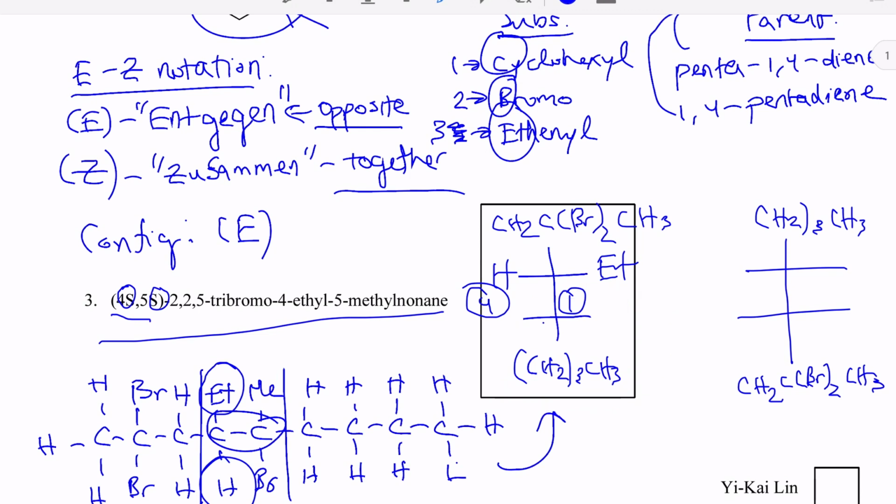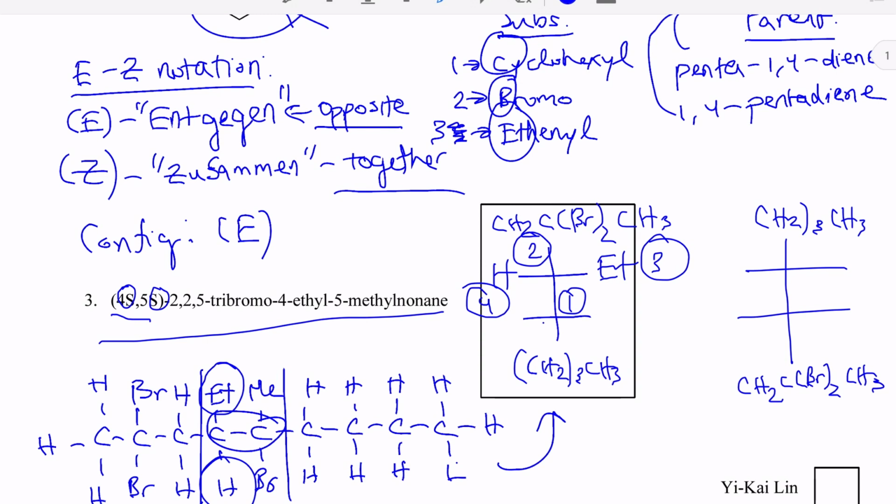And for this, we would get 2 at the left end of the stereocenter, so this part. And we would get an ethyl group as the third ranked substituent.